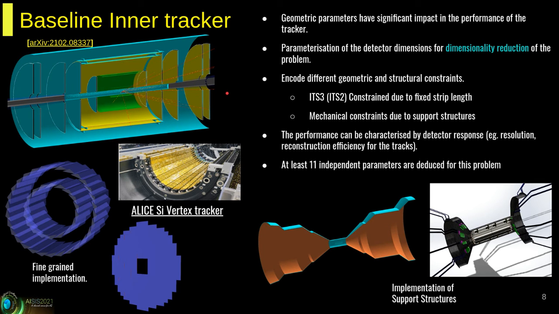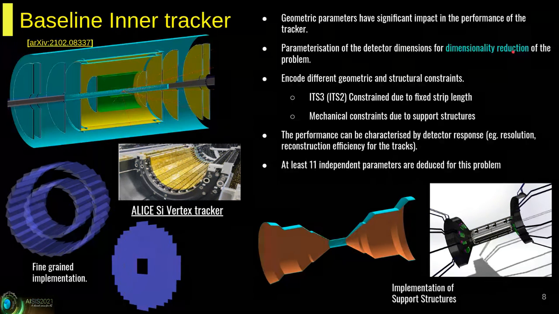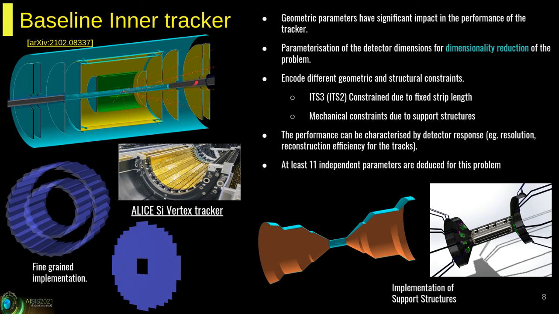A detailed parameterization was done to reduce the real dimensions of the problem. For example, the minimum radii of the disks had to be compatible with the increasing radii of the beam pipe in either direction. So, placement of a disk in Z will decide the R minimum of the disk. Similarly, the length of the barrels cannot be changed arbitrarily. Specifically, the Sagitta and the vertex layers come with fixed length, mostly due to manufacturing constraints.